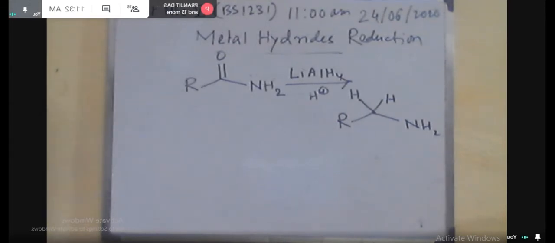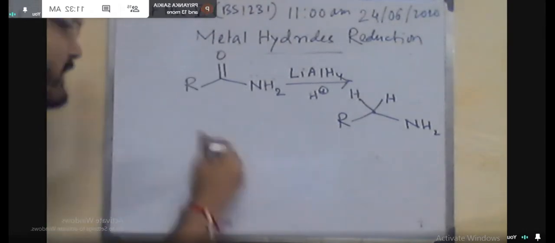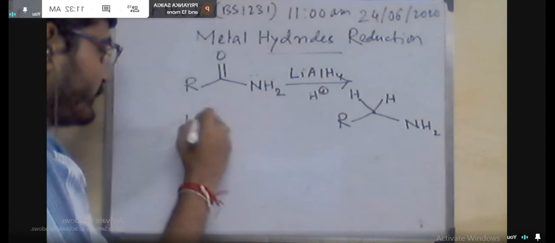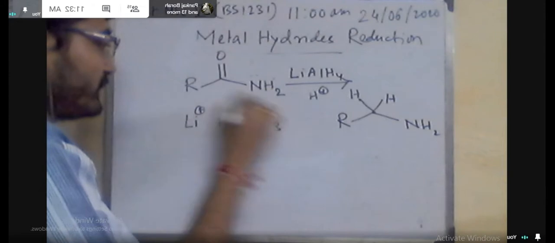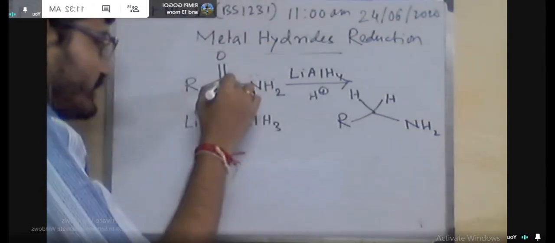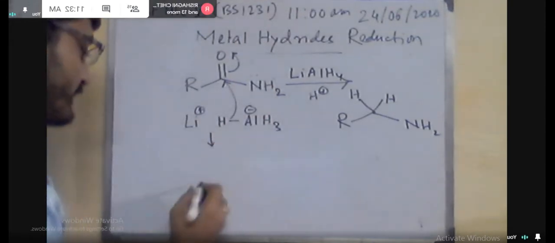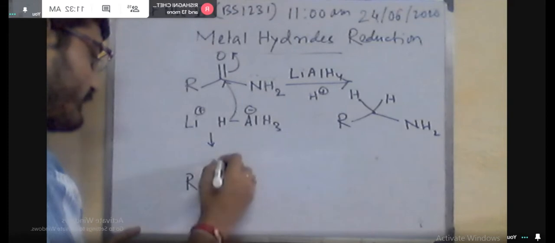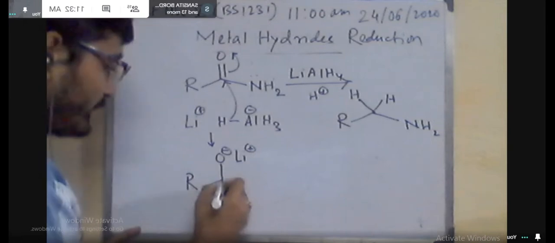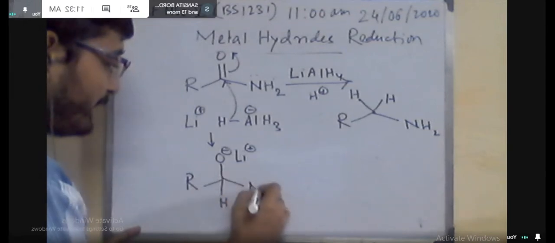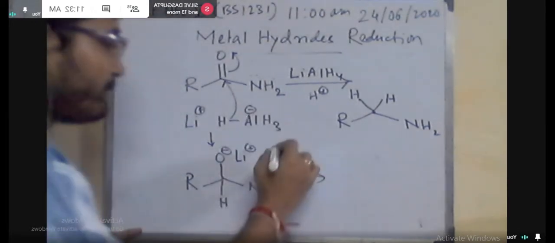So it can generate OAlH3 minus. Now after formation of this, it will donate here and this will leave the molecule, so that it can generate the double bond NH2 plus, hydrogen.